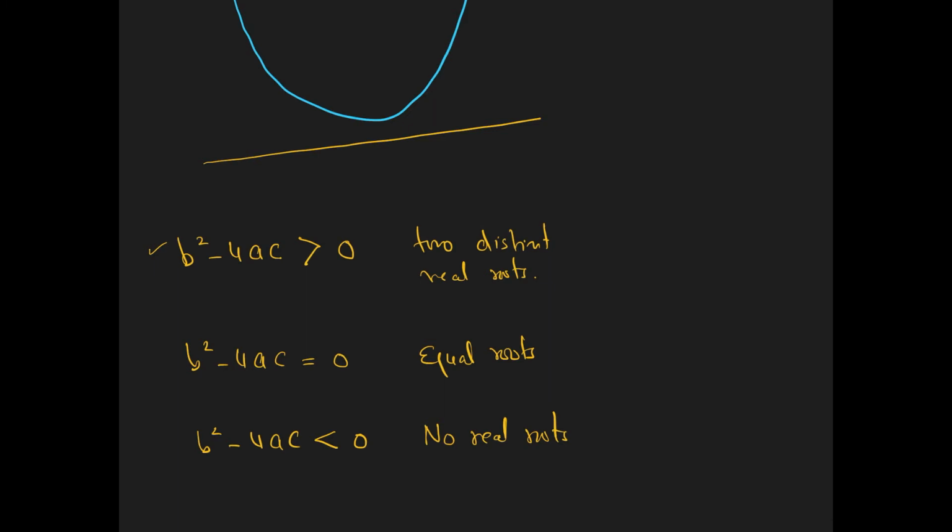The other conclusion which we can make now from the discriminant is that if b square minus 4ac is greater than 0, then there are 2 points of intersection between the line and the curve. So we can say that there are 2 distinct points of intersection.